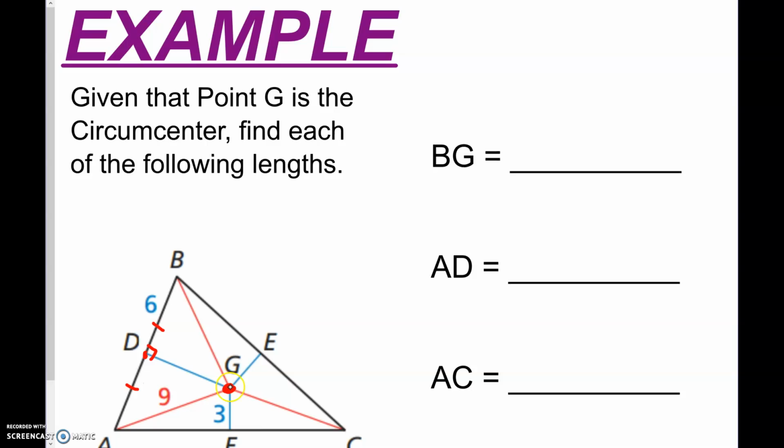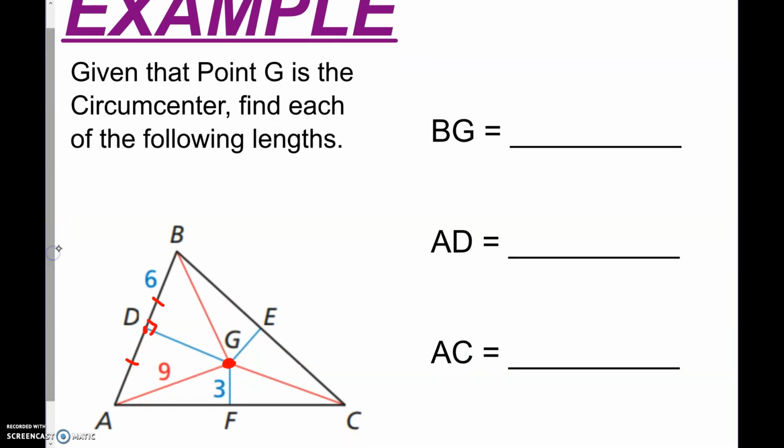BG. Remember, from here to every vertex is the same. So if AG is 9, then BG is 9 also. Now if we find AD, well, that's a midpoint. If BD is 6, then AD has to also be 6.